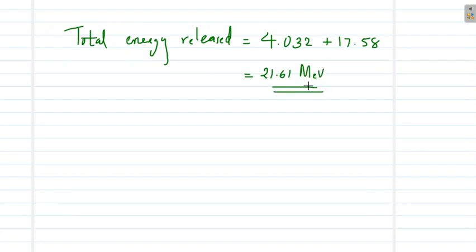So this much energy will be released in the total reaction of combining 3 deuterium to form the helium nucleus 2He4, 1 proton and a neutron.